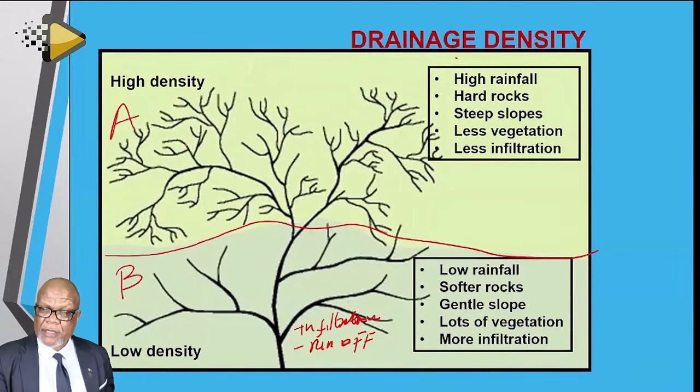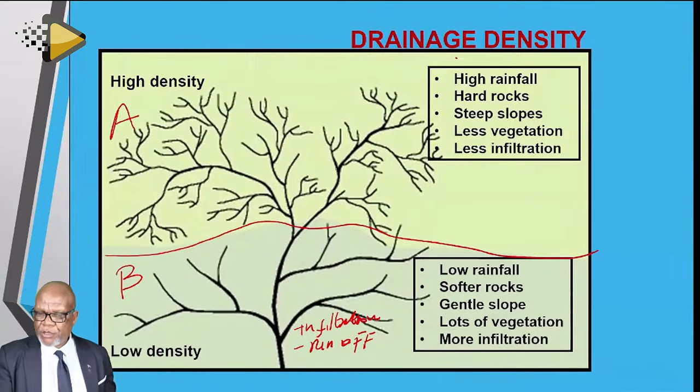As a result, there is more surface runoff, which results in higher density, and there is less infiltration, because you can see a lot of water is flowing on the surface.